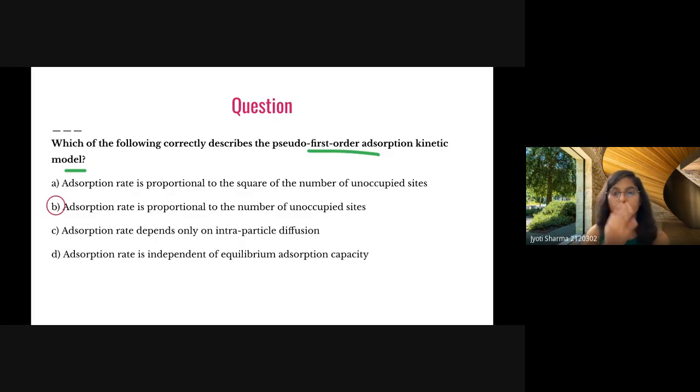So yes, in that pseudo first order adsorption kinetic model, we are assuming that the adsorption rate is proportional to the number of unoccupied sites. So whenever we have unoccupied sites, then more adsorption will take place. Okay, so this is how the B answer is the right one.